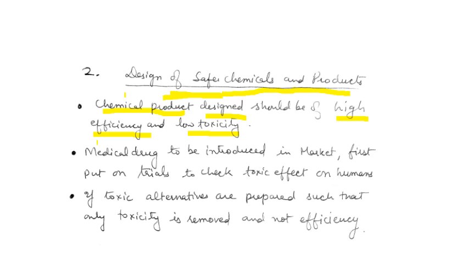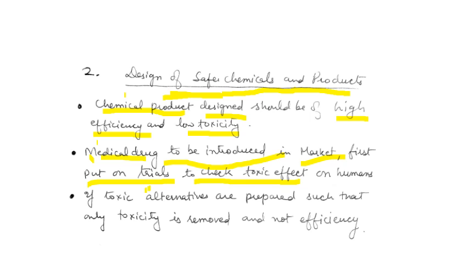For example, a medical drug to be introduced in the market is first put on trial. When we go for the synthesis of any drug, it should go through trials to check its toxic effect. It should be checked on animals, and then whatever effect occurs should be observed.